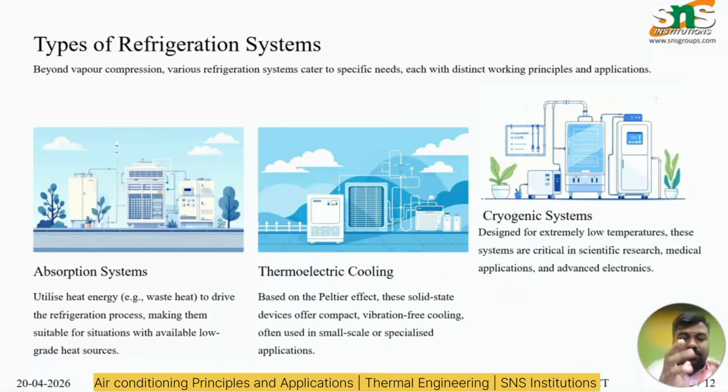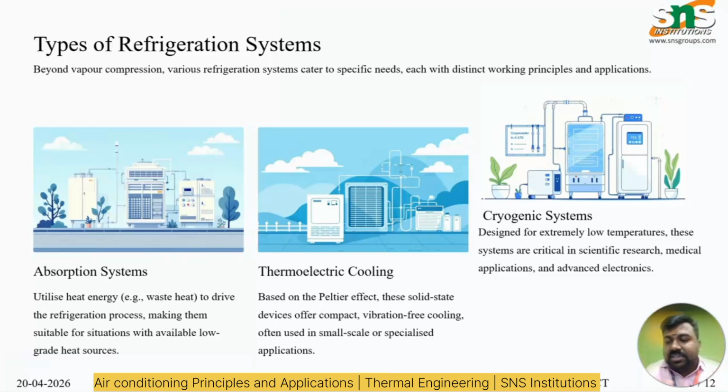Here we are going to discuss three types of refrigeration systems. The first one is the absorption system, then the thermoelectric cooling system and the cryogenic system. Coming to the absorption system, it utilizes heat energy, for example waste heat, to drive the refrigeration process, making it suitable for situations with available low grade heat sources. In the second type, thermoelectric cooling, it is based on the Peltier effect.